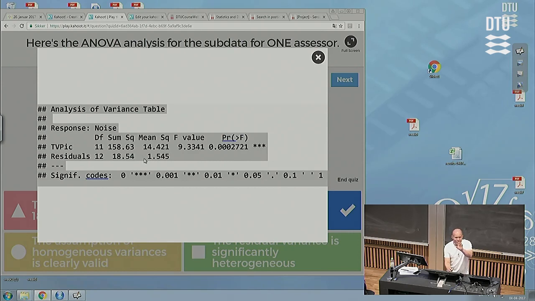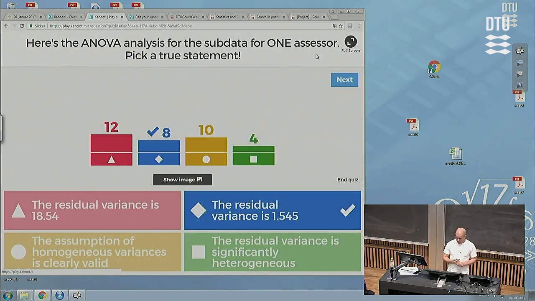The MSE for these data is 1.545, and the MSE is the sigma hat squared, the variance estimate. And that was what I asked about. The residual variance is 1.545 and nothing else. And the other ones are purely rubbish.